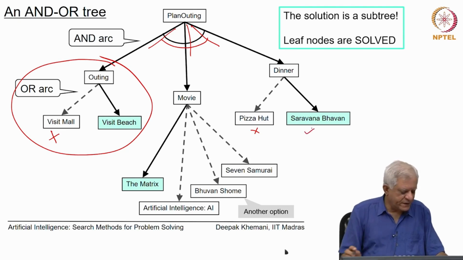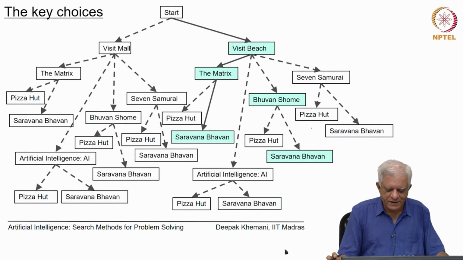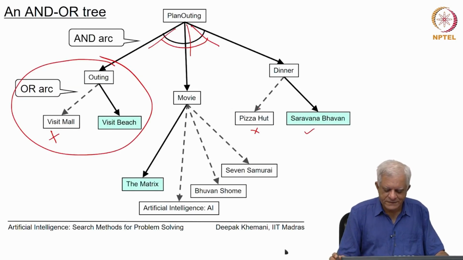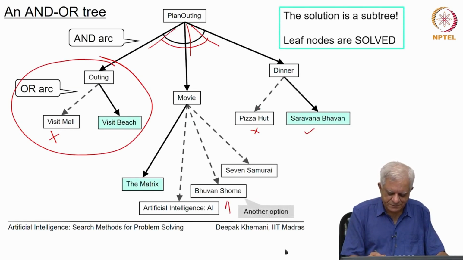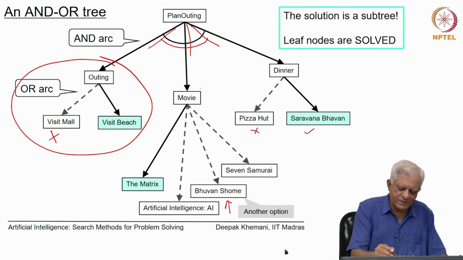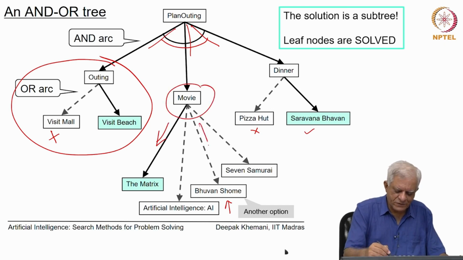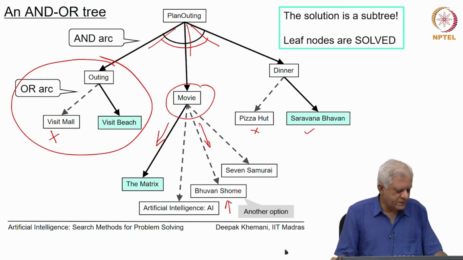But we had seen in the space that we were looking at earlier, that Bhuvan Shome would have been a candidate film as well, and that is kind of reflected here in saying that it is another possible choice here. So, you could have 2 solutions, and the movie choice could have been either Matrix or Bhuvan Shome, and you would have a subtree which is a solution.